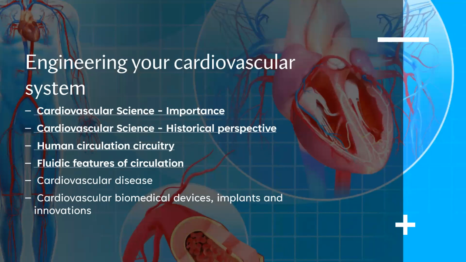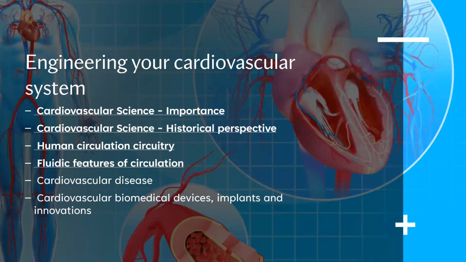So the structure is going to be following this bullet point slide here. We're going to start with the importance and significance of cardiovascular science. We're going to talk about some historical perspectives and give you an idea of what the models were in the past. We're going to look at the human circulation circuitry, the network that connects the heart to the lungs to the entire body through vasculature.